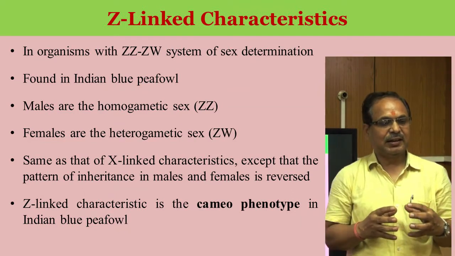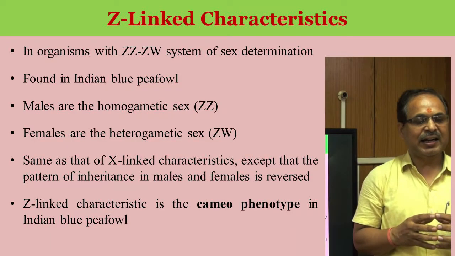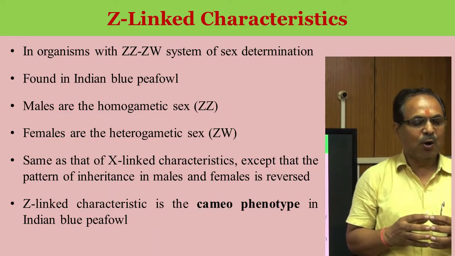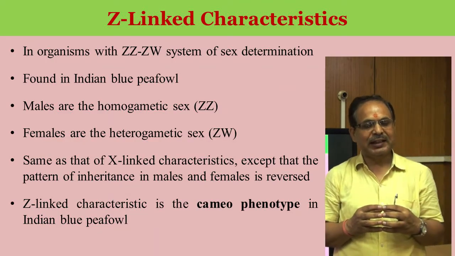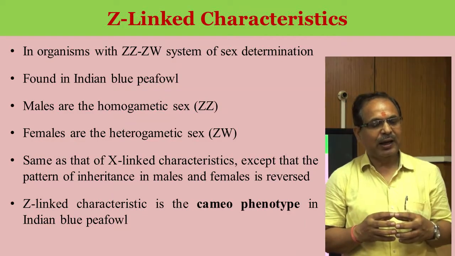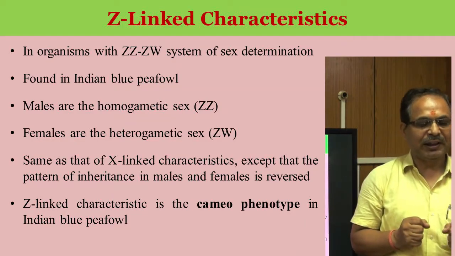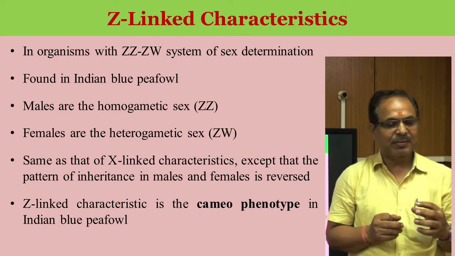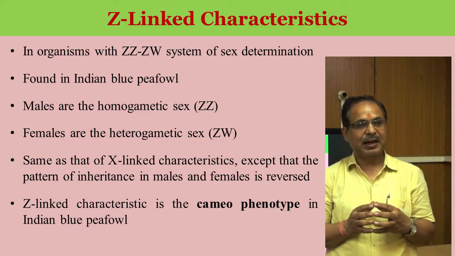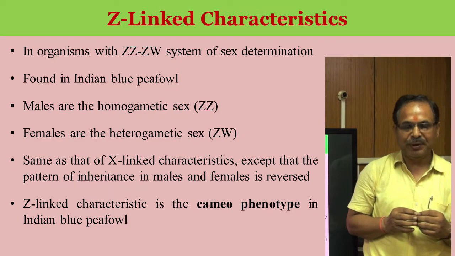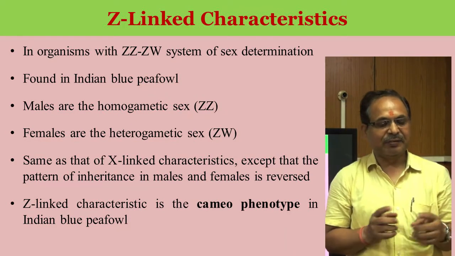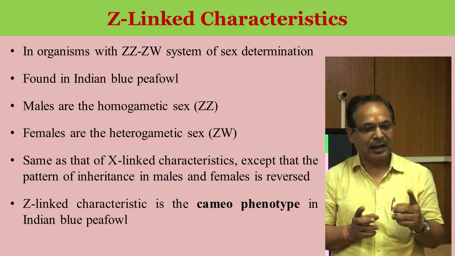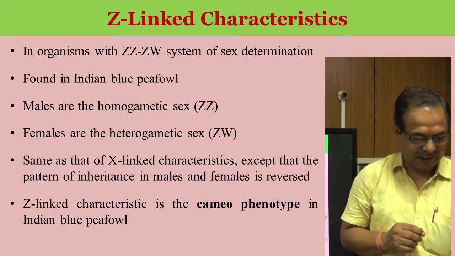Z-linked characters are found in the ZZ and ZW system of sex determination, generally found in the Indian blue peafowl, where the male has the homogametic condition ZZ, whereas the female has the heterogametic condition, Z and W. It is similar to X-linked characters, except that the pattern of inheritance in males and females is reversed, since the males are homogametic.